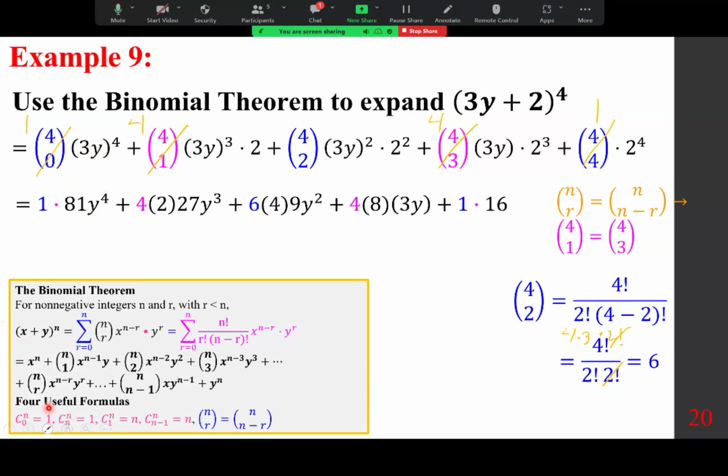They just write 3 and then y to the power of 4, and that will be a mistake because they don't raise the number 3 to the power.